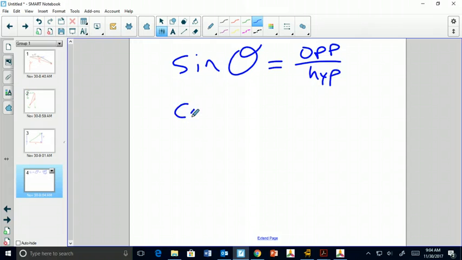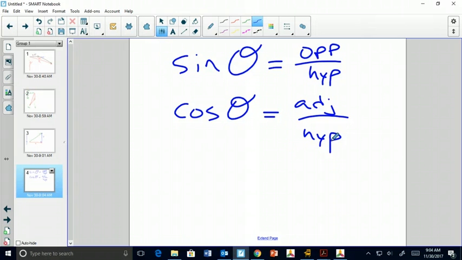And if I want to do cosine of theta, it would be adjacent over hypotenuse. And we'll use tangent in a moment, but these are the two that we will want to be aware of. Right? Opposite of what, though? It's the opposite from the angle theta. So you see the angle, I just do the opposite of it? Yeah.